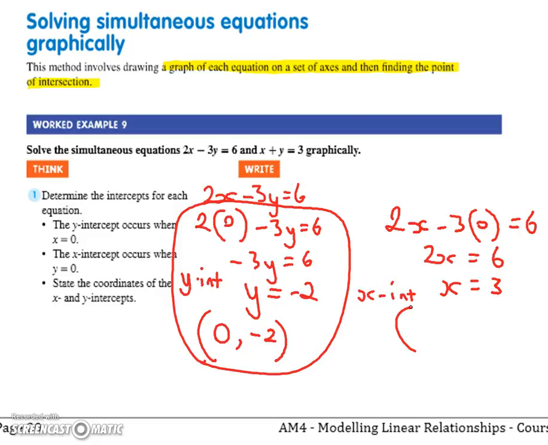Divide both sides by 2, x equals 3. So the coordinate is 3, 0.